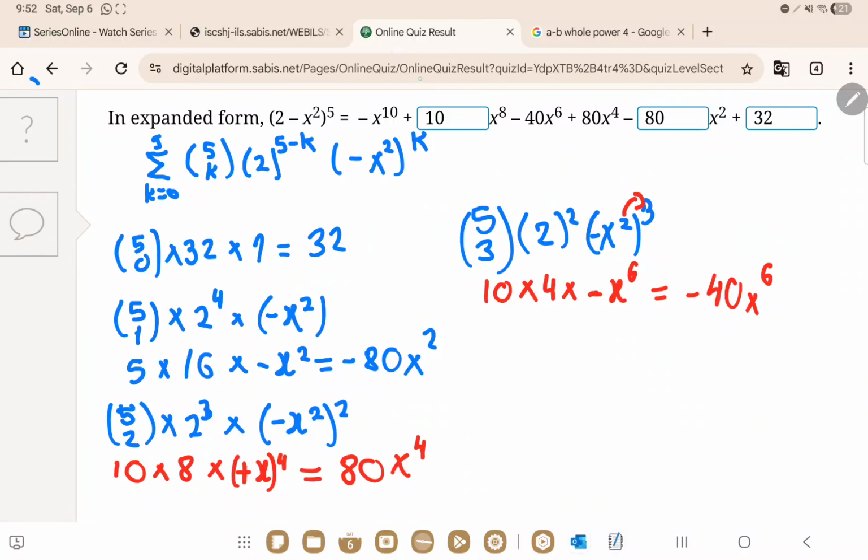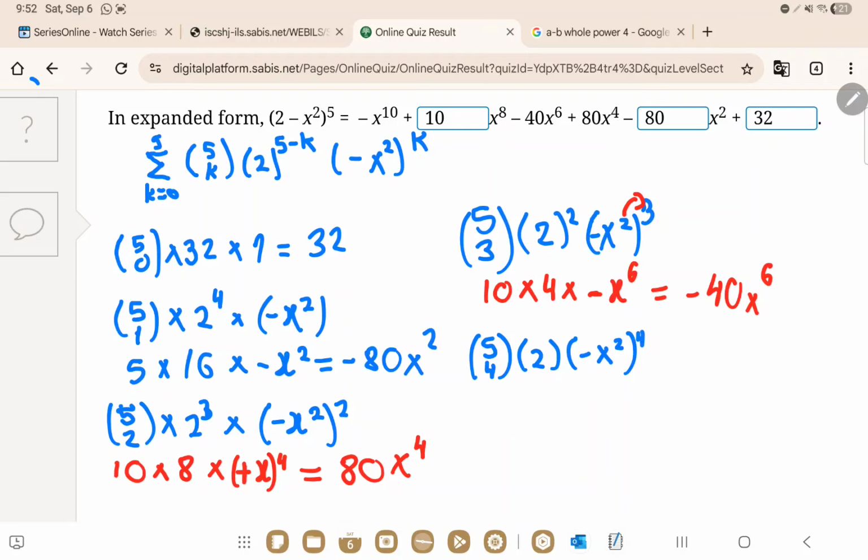Now 5C4 into 2 into negative x squared to the power of 4, which again, because it's power of 4, it will become positive, or power 8, because 5C4 would be, I think, 5.